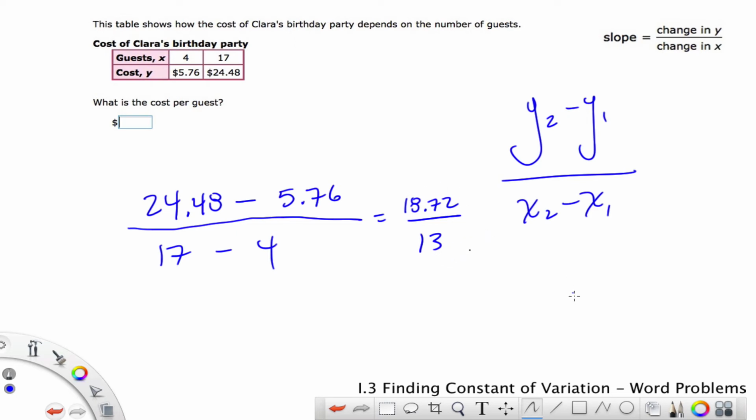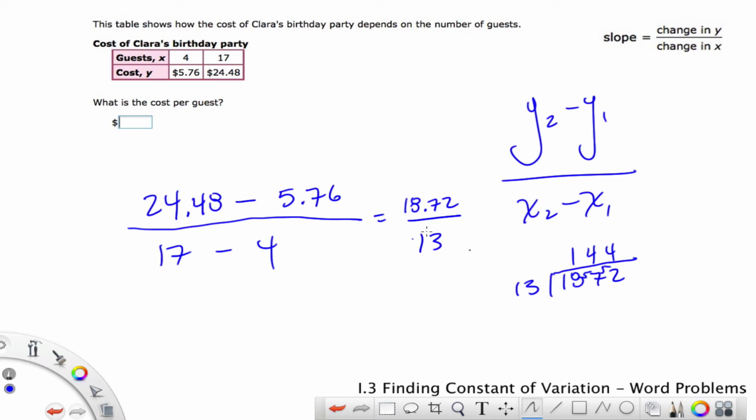A couple different ways. The way I would do this would be to ignore our decimals. I know it's going to be 1 and a half, give or take, because 13 goes into 18 once with about 5 or 6 left over. So 13 goes into 18 once with 5 left over. And 13 goes into 57 4 times with 5 left over, and it goes into 52 exactly 4 times with none left over.